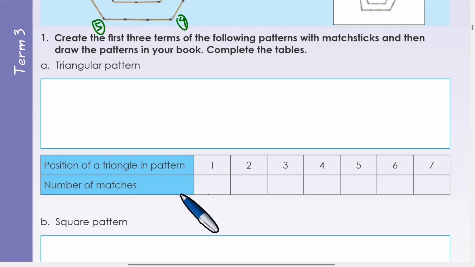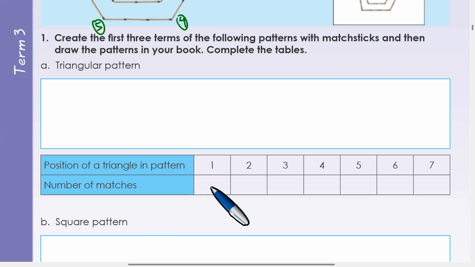The number of matches in position 1 in a triangle. You need to think about this because it's going to come in the exam. So what must be here? How many matches in position 1?